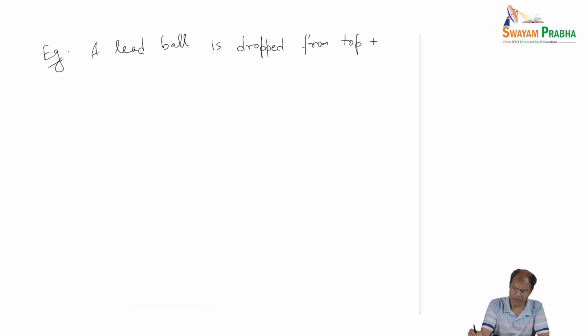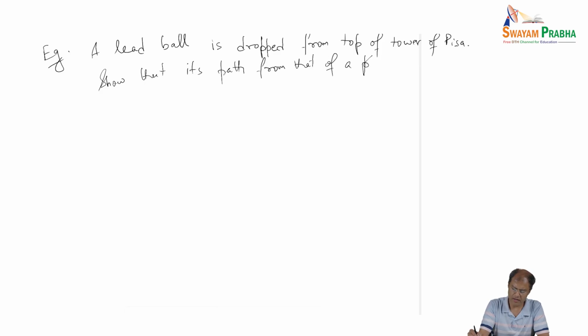from the top of the tower of Pisa. Show that its path deviates from that of a plumb line or vertical line.